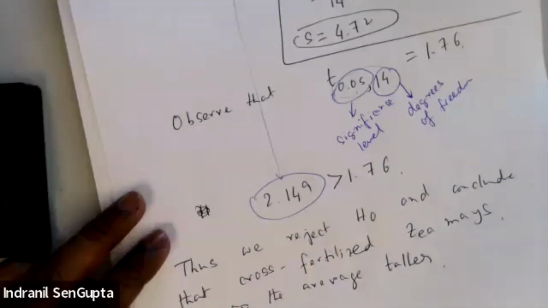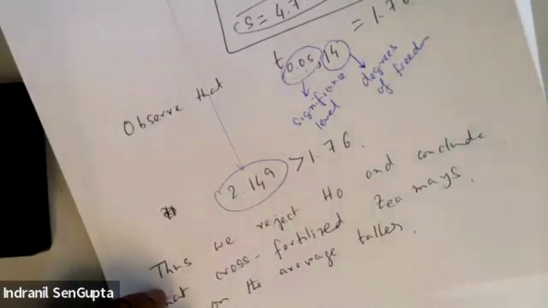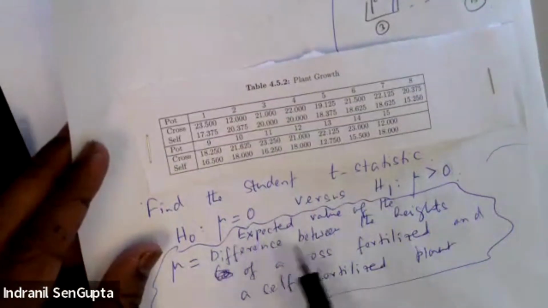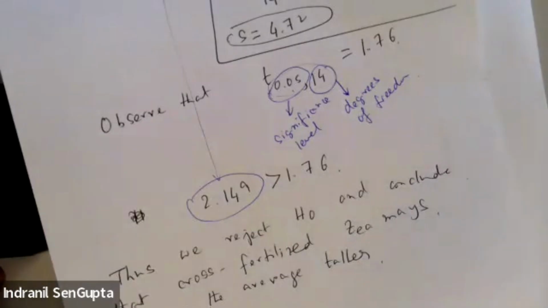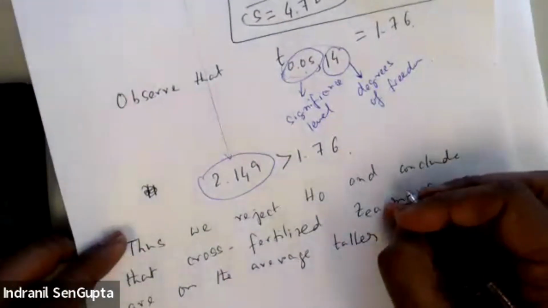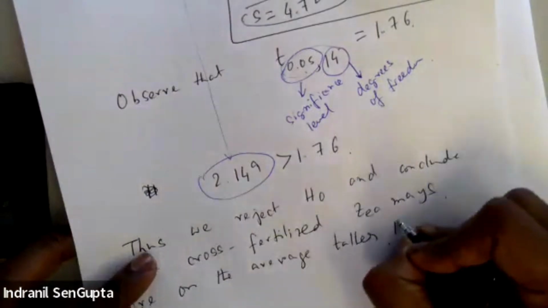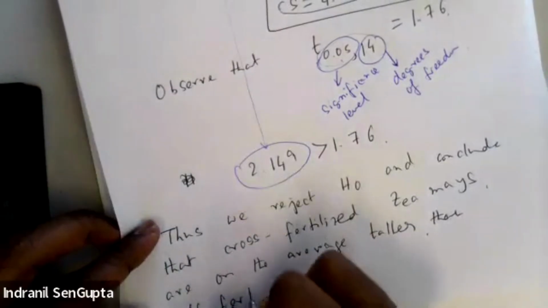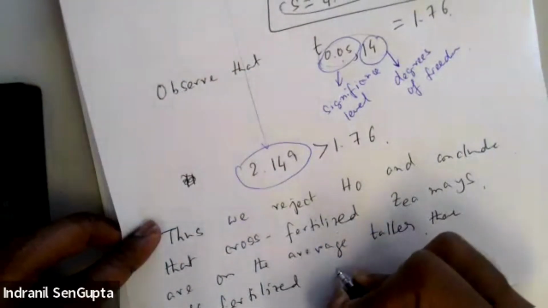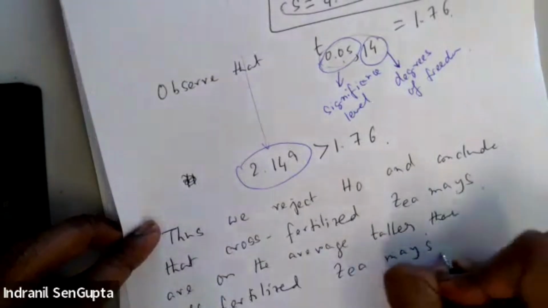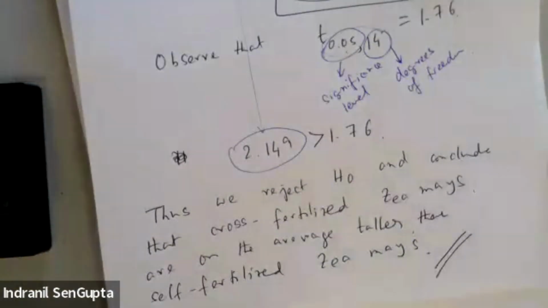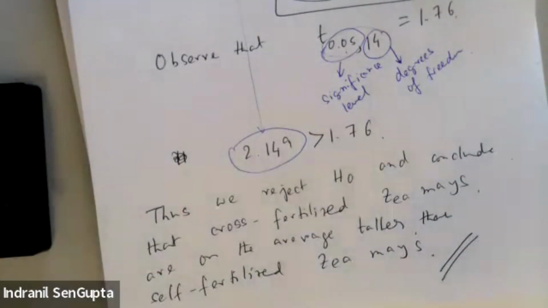Because what was the alternative hypothesis? Remember, the alternative hypothesis was here: mu is bigger than 0, where mu was the expected difference. So that means on average, cross-fertilized is taller than self-fertilized Zea mays. Okay, done. This is from one of the very famous data sets.